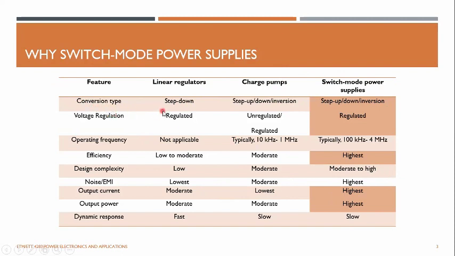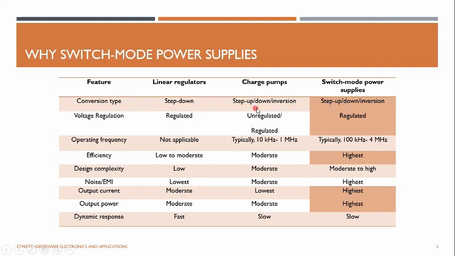For the voltage conversion type, a linear regulator is always a step-down. You can't step up or invert the voltage. So linear regulators are limited to step-down voltage regulation. For example, you can convert a 12-volt battery supply to 5 volts for your Arduino. Charge pump converters have all three conversion types.